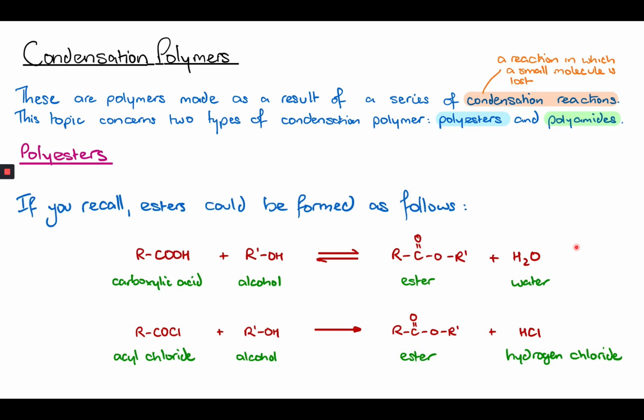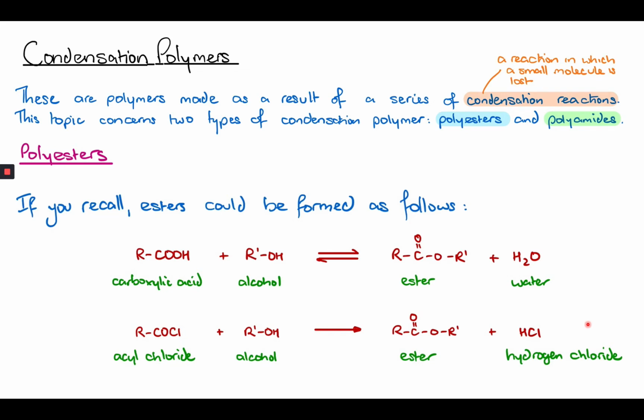And a couple of important things to remind ourselves about this: we would be able to recognize that hydrogen chloride was produced in terms of an observation, because it would produce misty fumes. So that's always something to make sure you've got lodged in your head. If they ever mention misty fumes, or they mention an acyl chloride forming an ester and they're asking about an observation, just remember that's what you're going to get with hydrogen chloride.